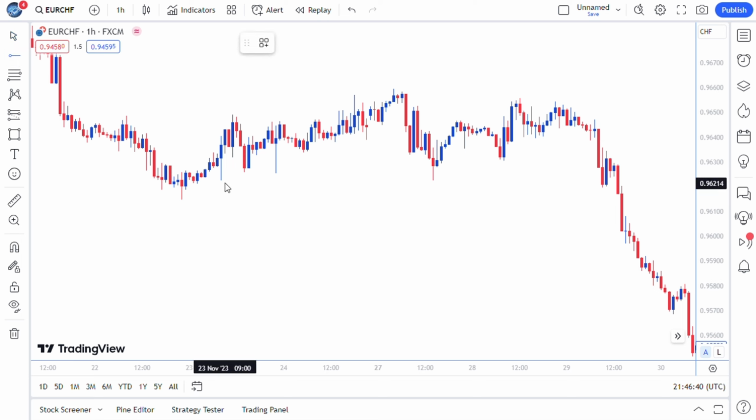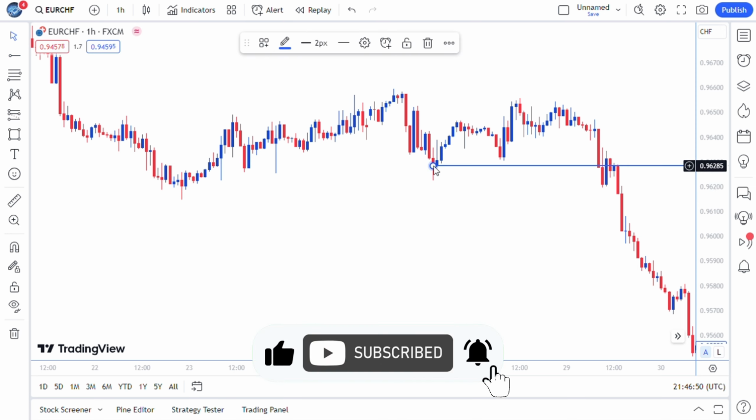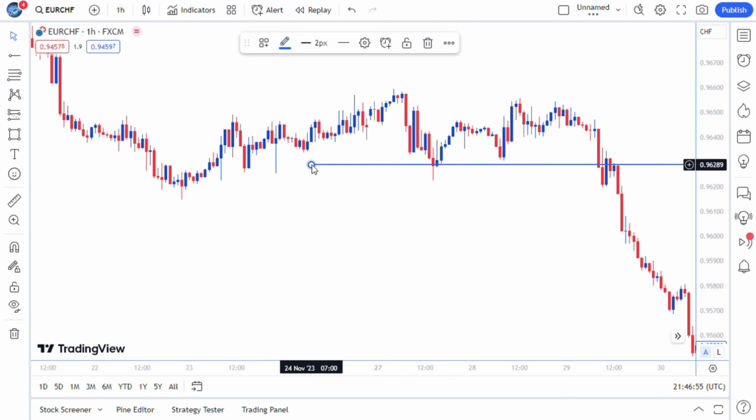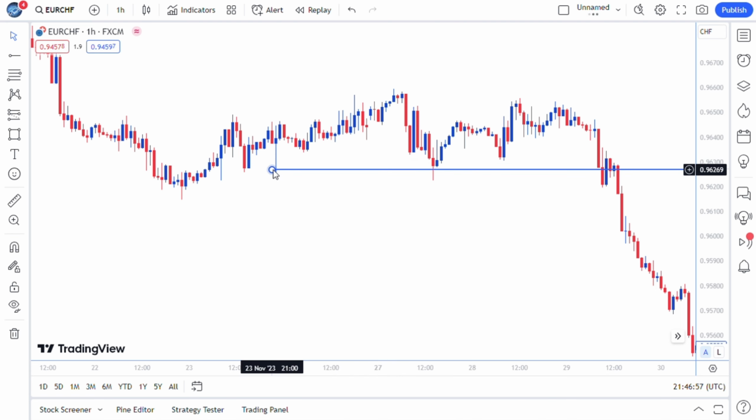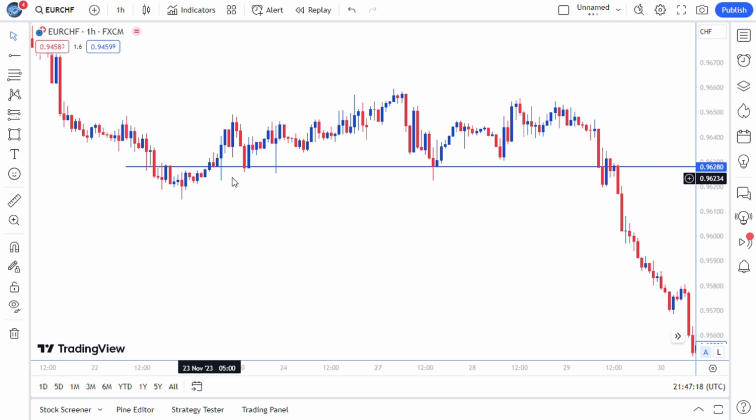We have lows here, so we try out these levels in order to get the best level. It captured multiple price levels here.